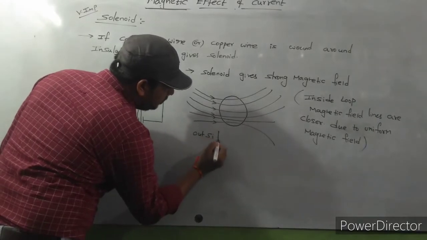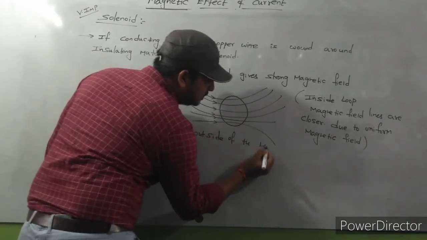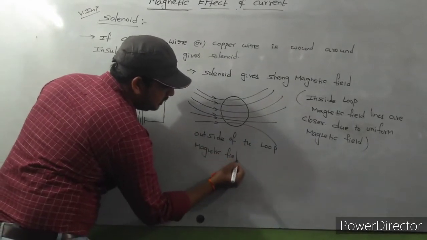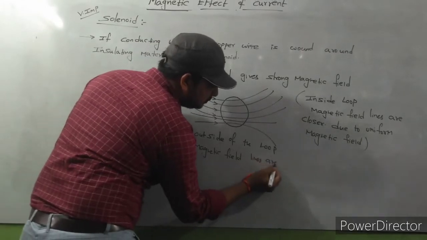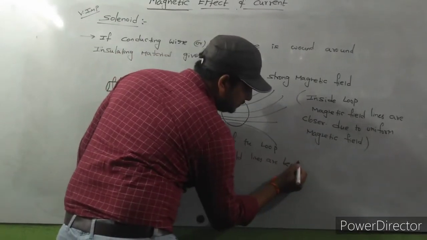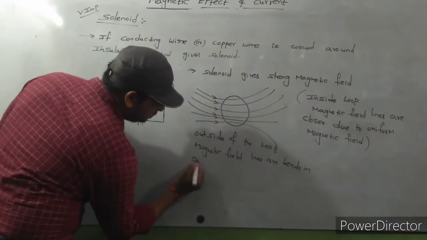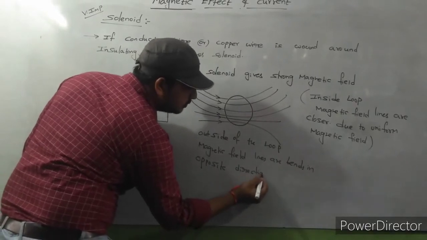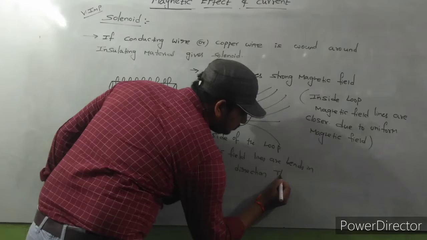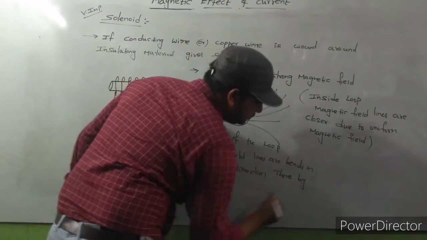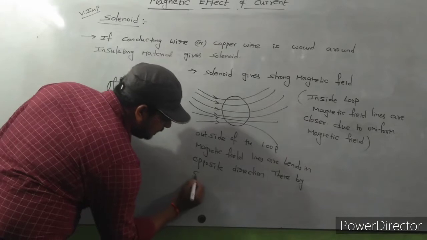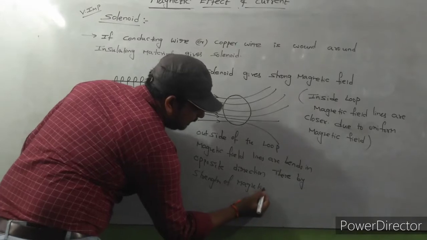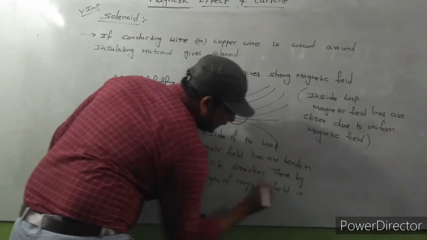Next, outside of the loop, magnetic field lines are bending in the opposite direction. Thereby the strength of the magnetic field cancels each other.